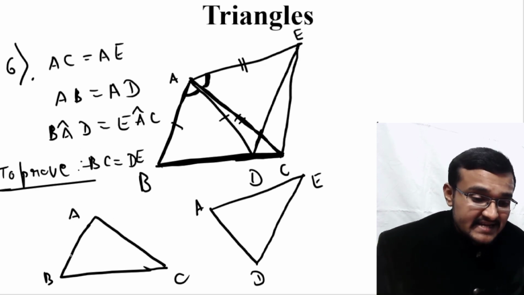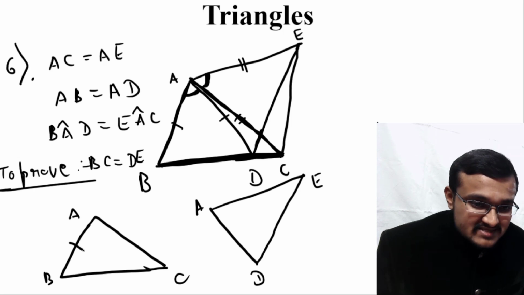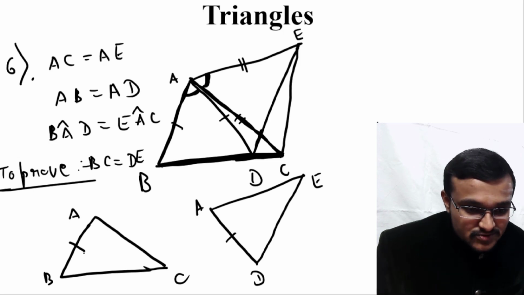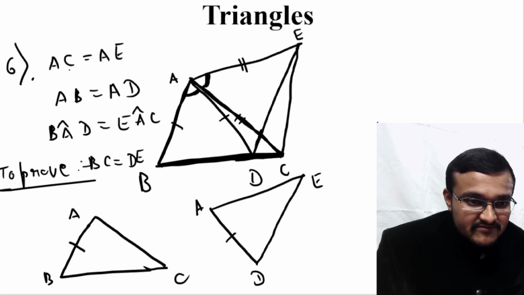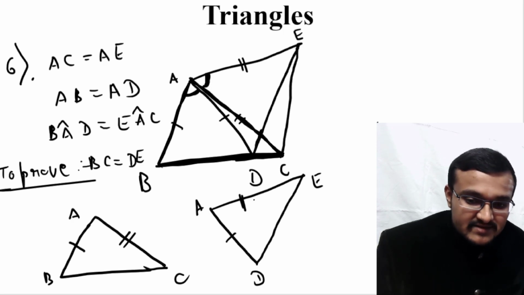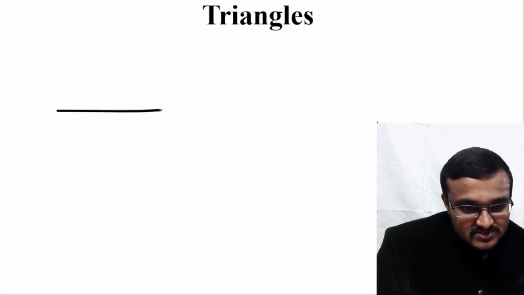So in the data they have already given AB is equal to AD, and also AC is equal to AE. That is, this particular side is equal to this particular side. These two triangles I will write in the new slide.